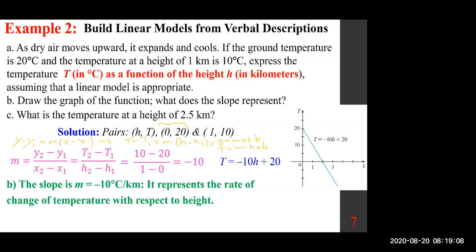So first, the definition of a slope. When the slope is negative 10, what does it mean? That means the slope is negative 10 degrees Celsius per kilometer, okay? So as we go up, for every kilometer that we go up, we lose 10 degrees. That's the bottom line, okay? So it gets colder by that much, by 10 degrees.